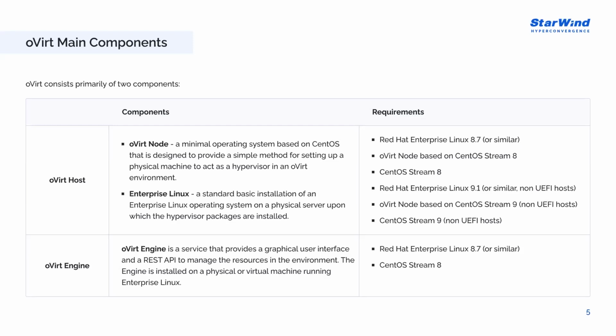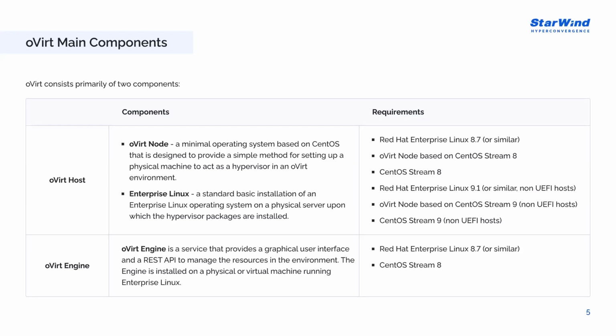Then you can also add more hosts for the self-hosted engine to make it highly available. If I'm not mistaken, the maximum here would be 7 hosts that can hold the oVirt engine, so in case of failures, the oVirt engine will fail over to the other nodes.